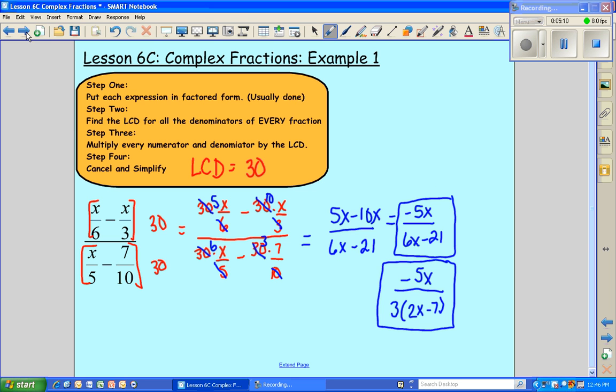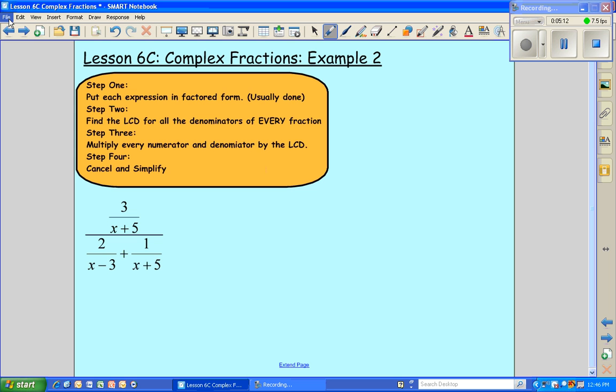All right, let's look at another example. Right here, everything seems to be in factored form. So you have to decide what your LCD is. And in this case, it's going to be x plus 5 times x minus 3.